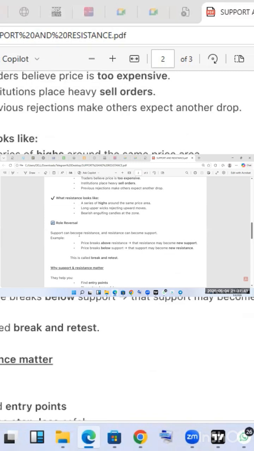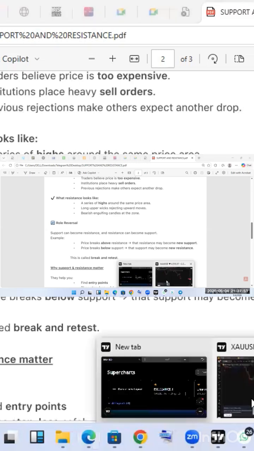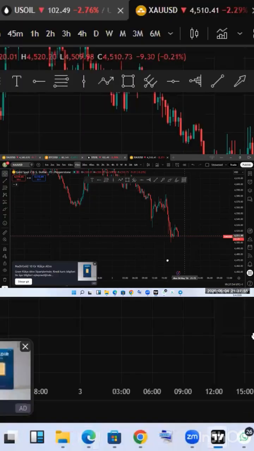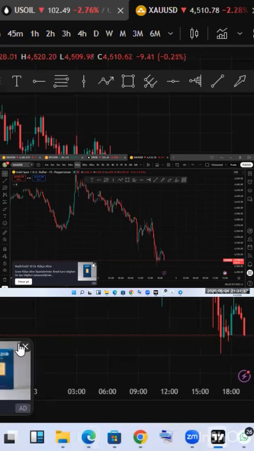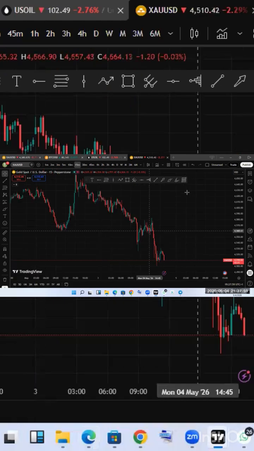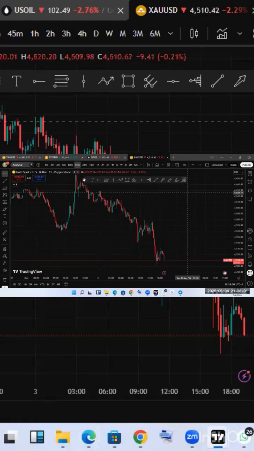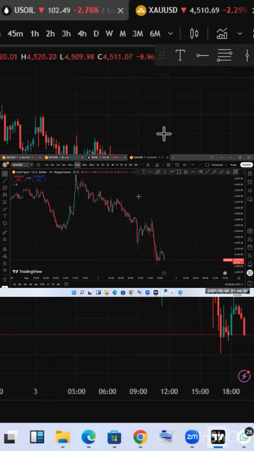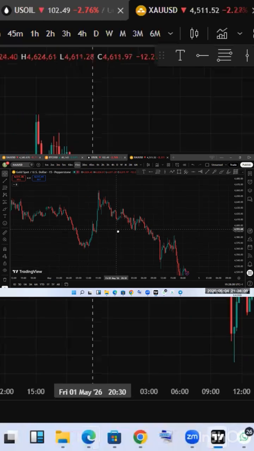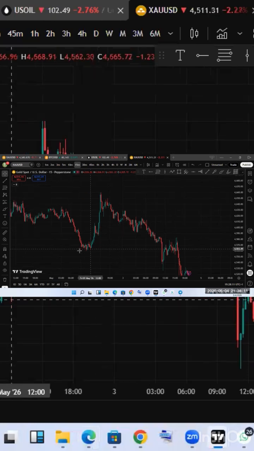Role reversal: support can become resistance and resistance can become support. So let's say the market, let me just go to the chart. Okay, in this case here now, this is a support zone.